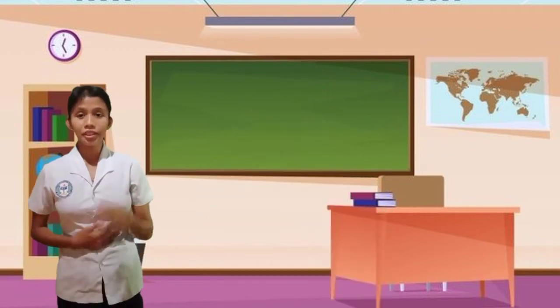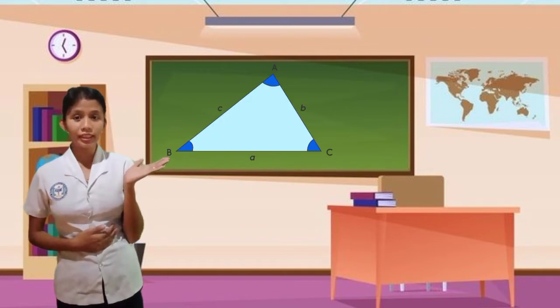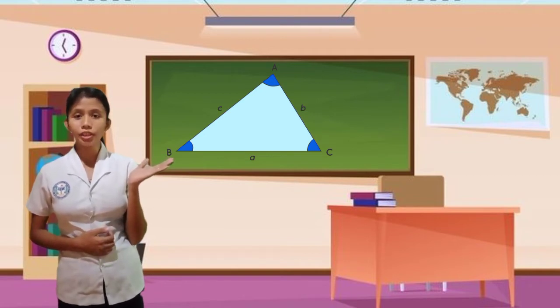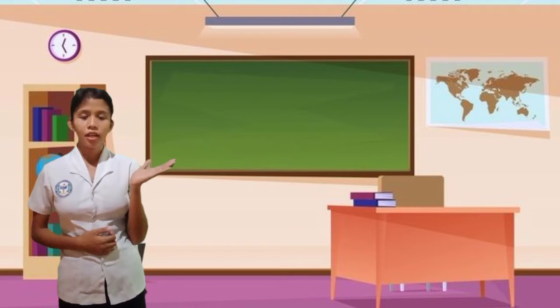So now, what is law of tangent? Anyone? In trigonometry, the law of tangent is the statement about a relationship between the tangent of two angles of a triangle and the length of the opposing sides. It is referred to as SAS, or side-angle-side. In the figure, a, b, and c are the lengths of the three sides of the triangle, and angles A, B, C are the angles opposite those three respective sides.